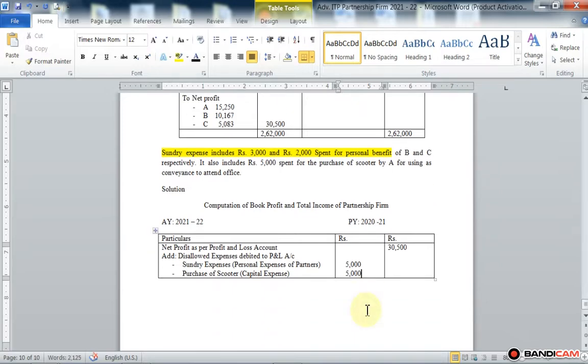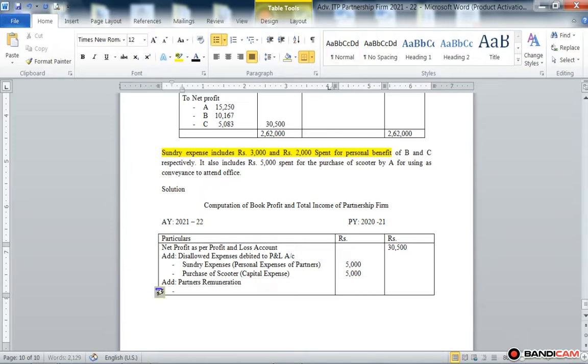Then next we add partners' remuneration. So partners' remuneration is given here.